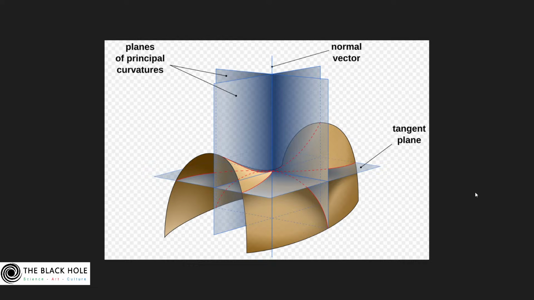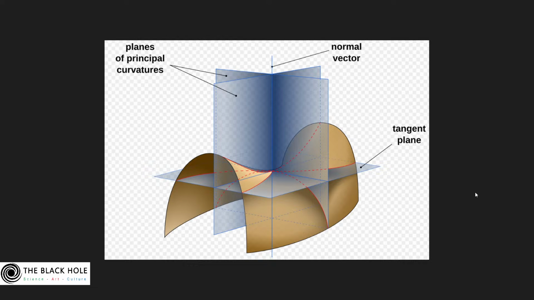Now, you can create a normal vector at each point P that is normal to the tangent plane, and then you can draw two planes that intersect along that line and whose axis is the normal vector over here.